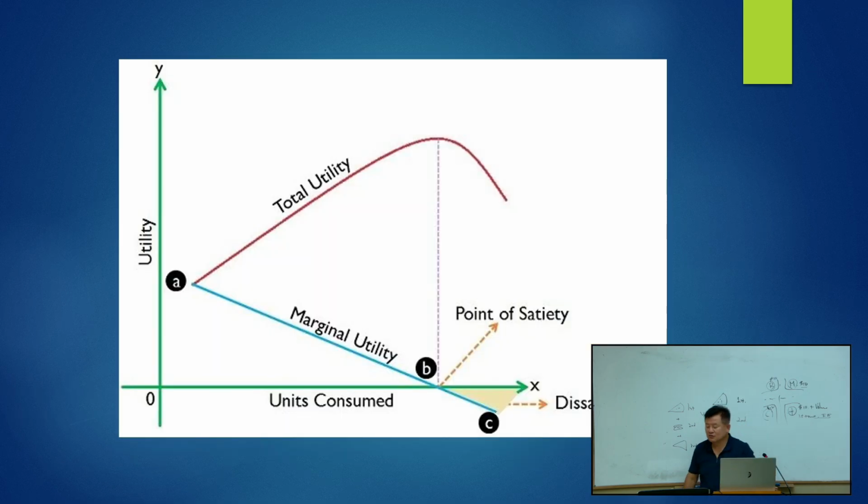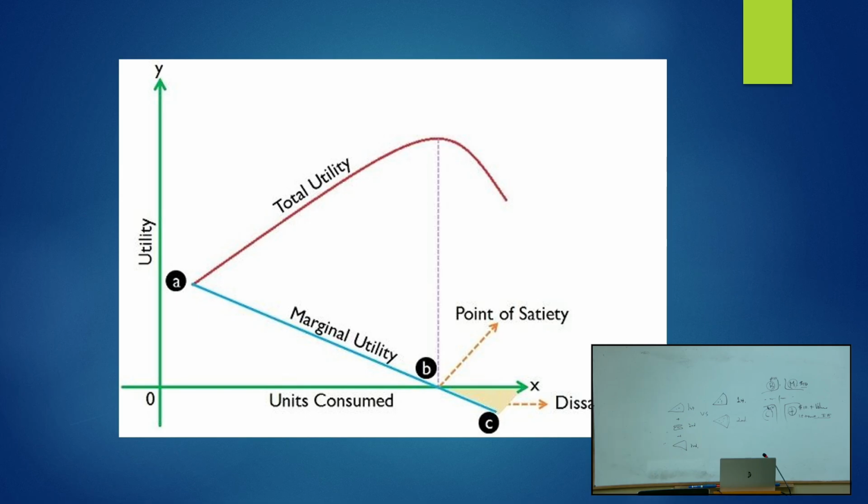Okay, last one. This is the total utility graph. The x-axis is consumption, and the y-axis is utility. Total utility increases as you consume products, and then at some point there is a peak, and then the total utility decreases. The marginal utility is the same thing.